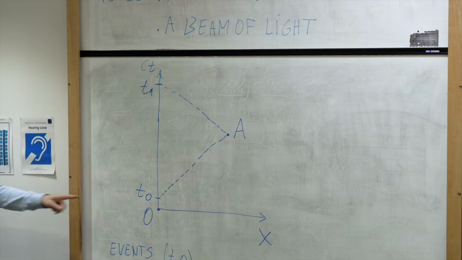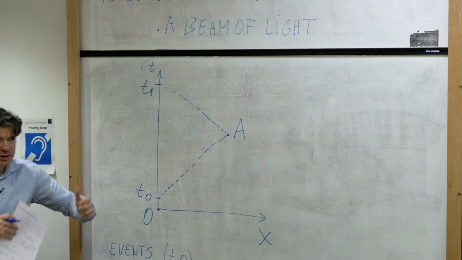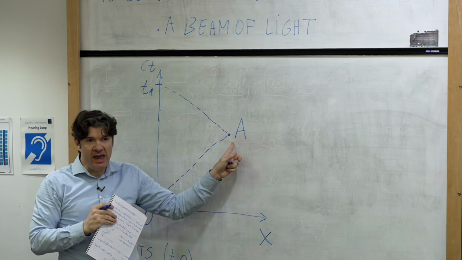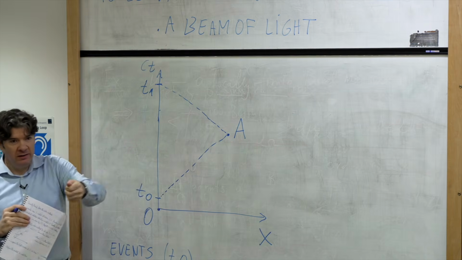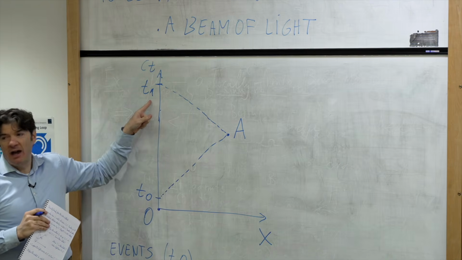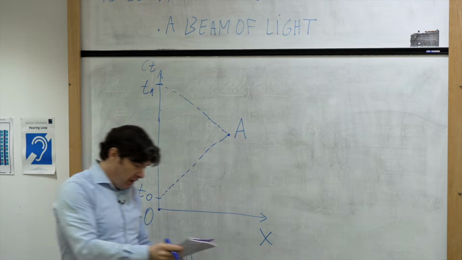And t0 and t1 we can measure because I have a clock. So t0 is the time I send the light such that the light hits the event A, and t1 is the time at my special origin I receive the light back. Is that okay?